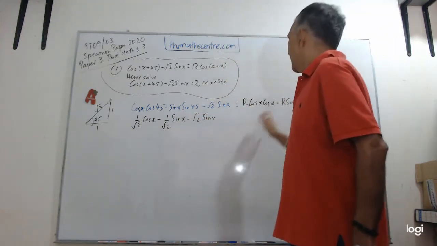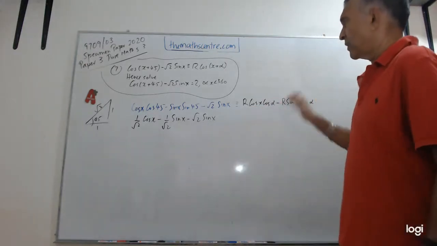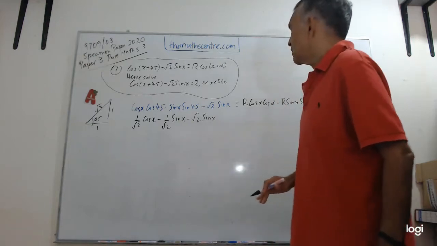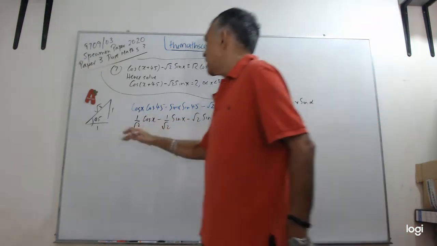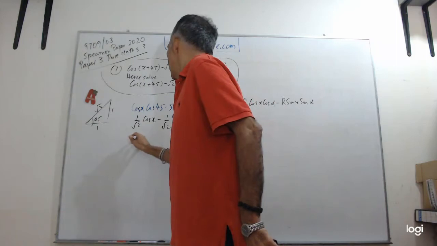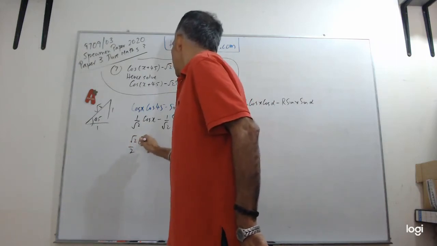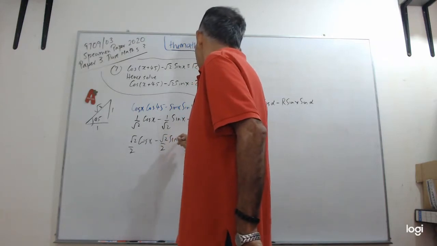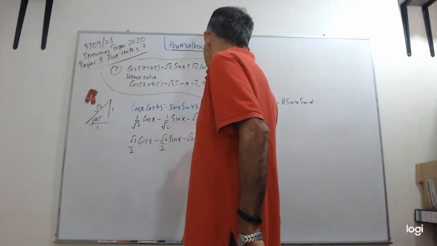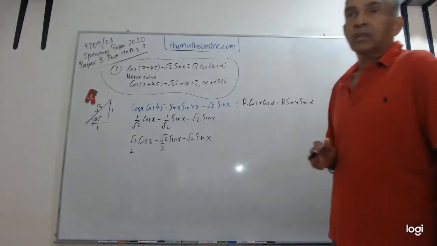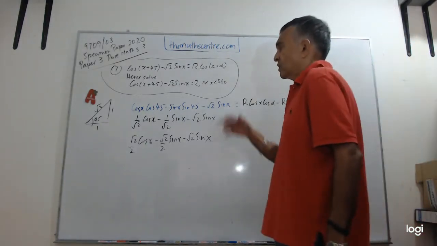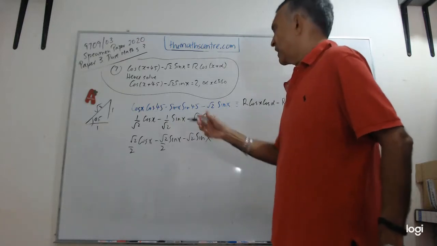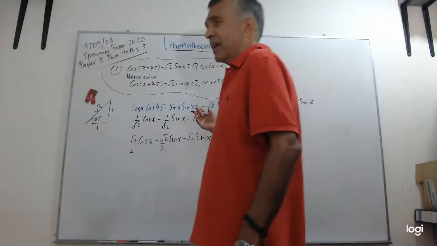I'm not disturbing the right hand side; we'll worry about that later. I'm going to write 1 over root 2 as root 2 over 2: root 2 over 2 cos x minus root 2 over 2 sine x minus root 2 sine x. 1 over root 2 is root 2 over 2 simply because I see a root 2 sitting here, so that I can easily handle my maths.